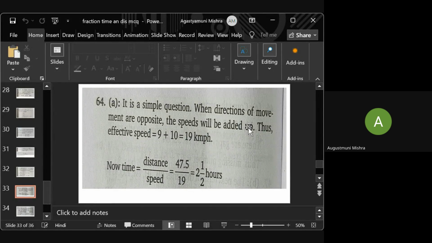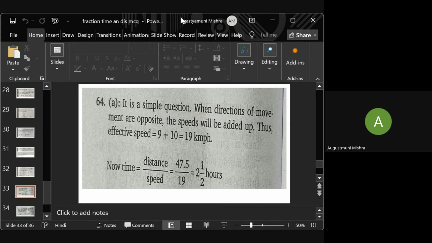Okay. So I think answer A is correct. This is the basic thing which you can understand. Because in the previous question also I discussed that when the directions of movement are opposite, then you add the speeds. On the basis of that, you just find the time. I think that is clear to everyone.